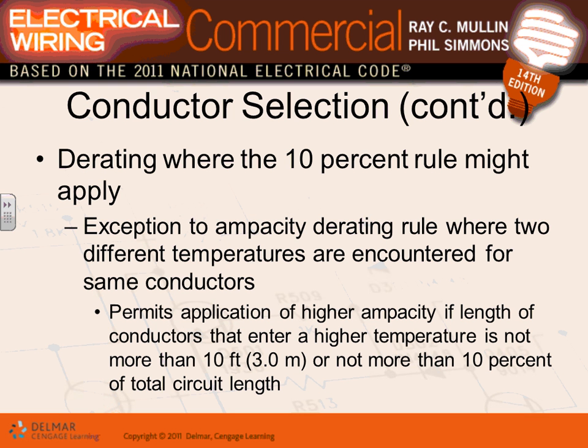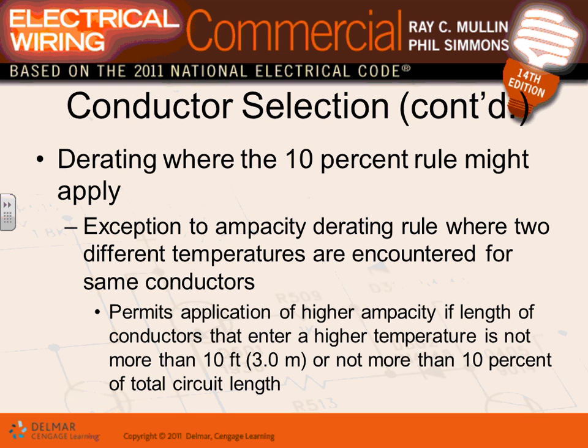If not more than 10 feet or 10% of the length of the conduit is in a higher temperature, then you can apply the lower temperature ampacity. So for example, suppose the conduit gets into this room, very high temperature, then leaves to the other room, very low temperature, right?